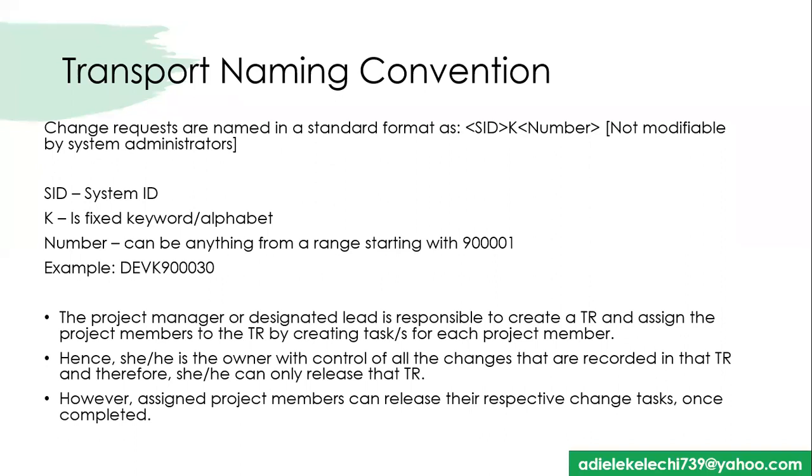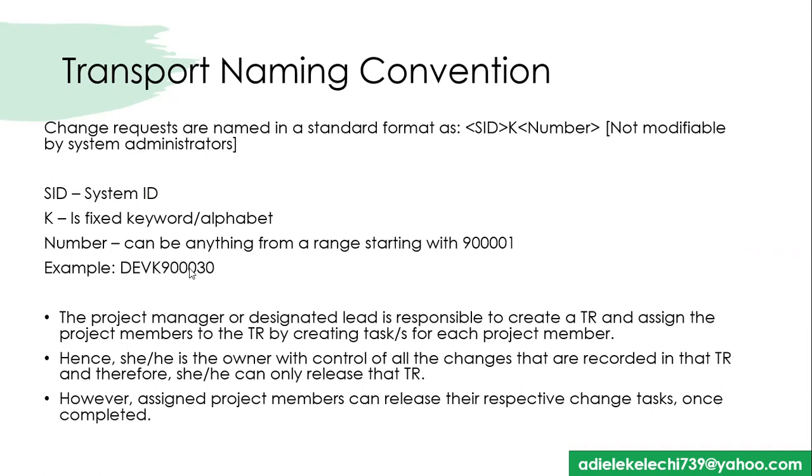As you can see, whenever a request is made, like I initially said, a request number is generated. And how do we read this request number? The first 3 digits, depending on the SAP system, you see it's in the dev. K is a fixed word, a keyword.